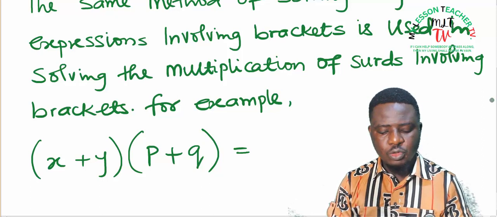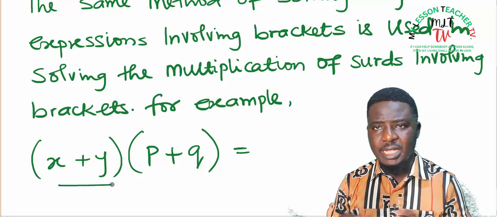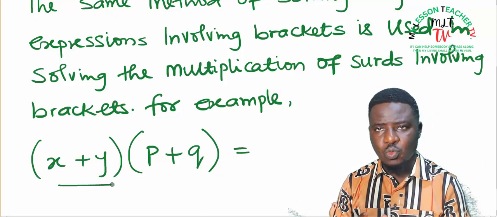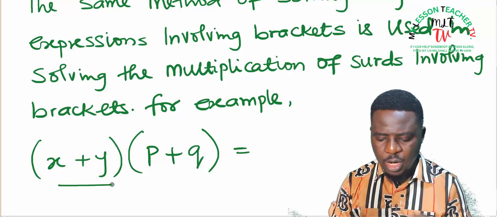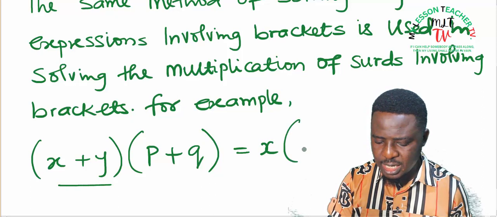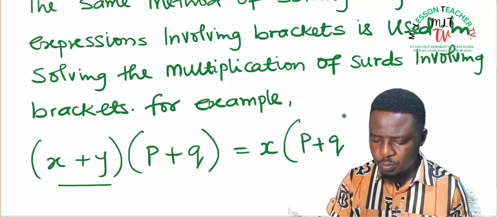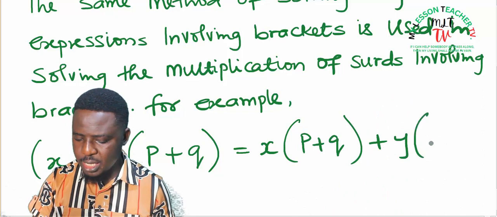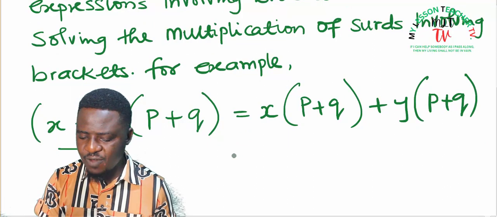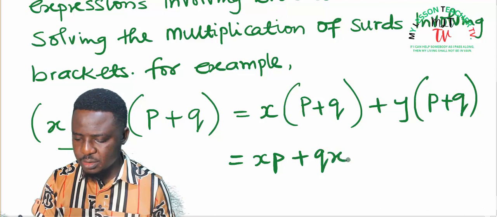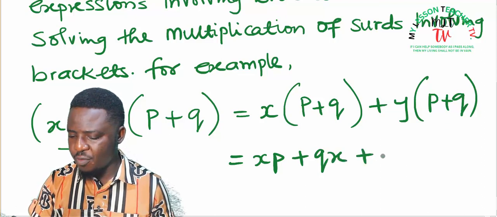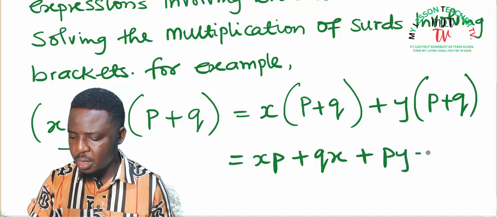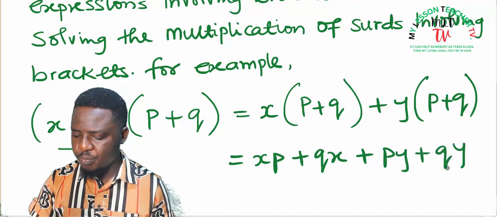That is to say, I'm going to split bracket x plus y into 2, and that gives me plus x and plus y, and in turns, I'm going to use them in multiplying bracket p plus q. So when you do that, this gives us x into bracket p plus q plus y into bracket p plus q, which can then be simplified into xp plus qx, and when you do that to the second bracket, you have plus py plus qy.